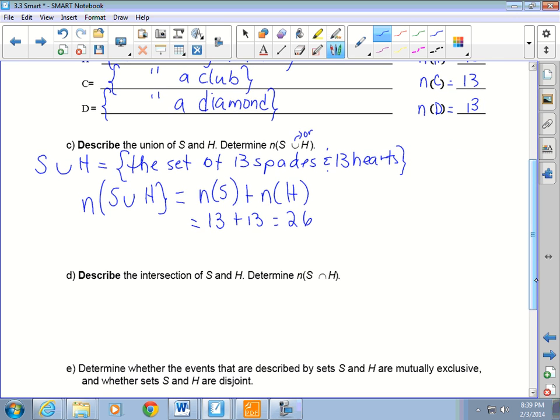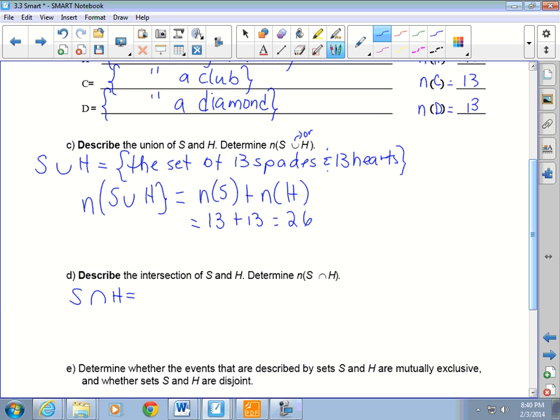It says describe the intersection of spades and hearts. Why does that say it twice? Sorry, not union. Describe the intersection of spades and hearts and determine the number of elements.